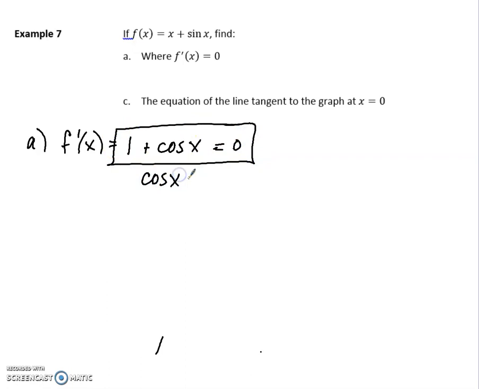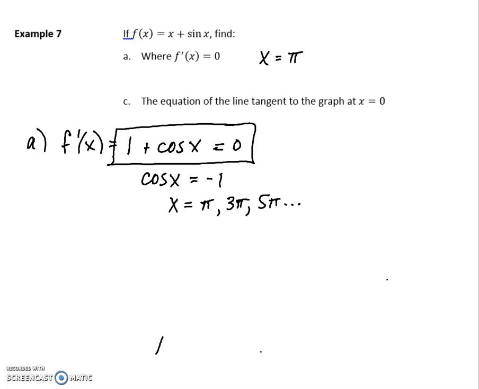So that would be when cos x equals negative 1. And this is something you guys need to be able to solve. Cosine is negative 1 at pi. Technically also 3 pi and 5 pi. But I think we usually do just that first one around. So if x is pi, it would be 0. And then again, we could keep going.